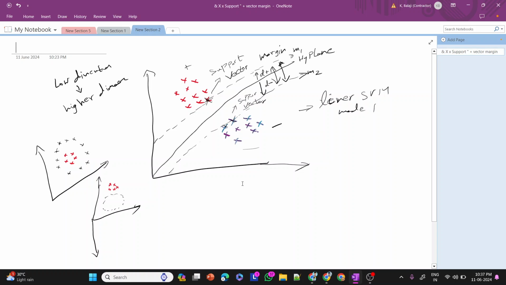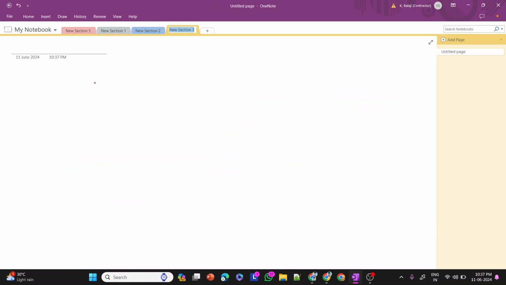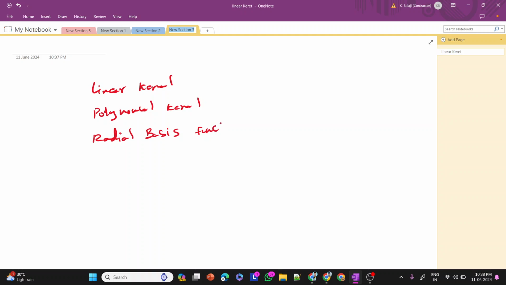And we can see the in-depth concept of kernel tricks. There are some types of kernel tricks: linear kernel, polynomial kernel, radial basis function kernel, and another type called the sigmoid kernel.